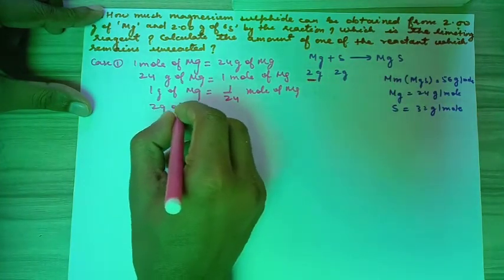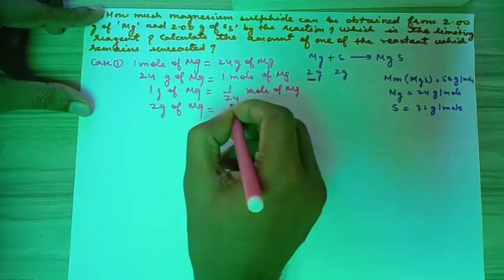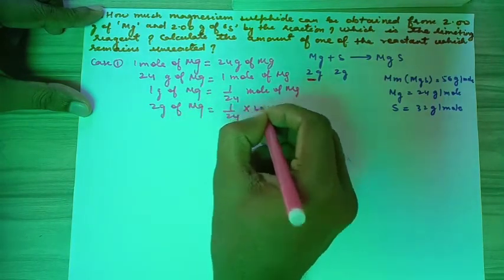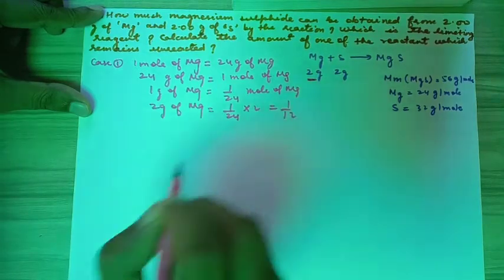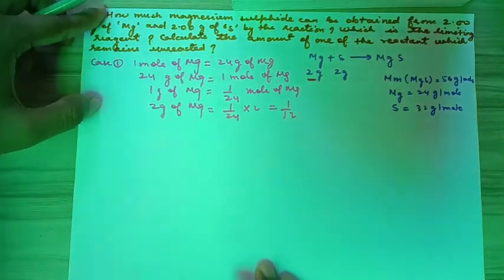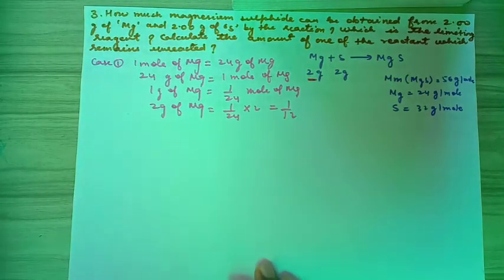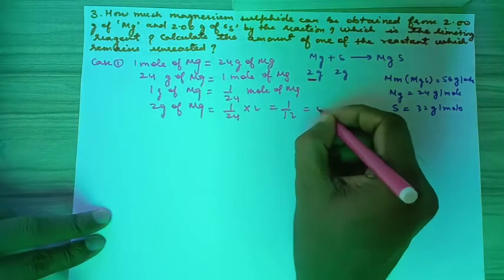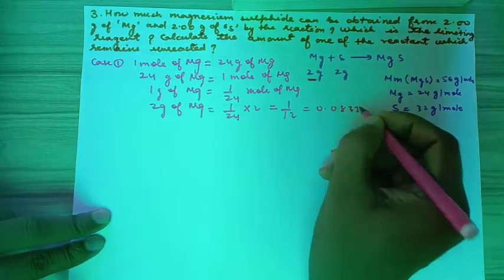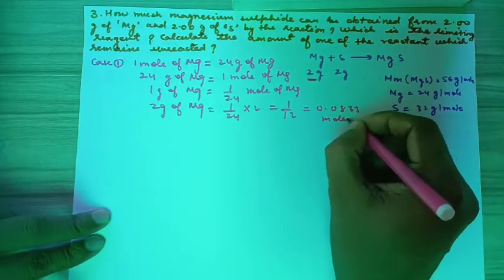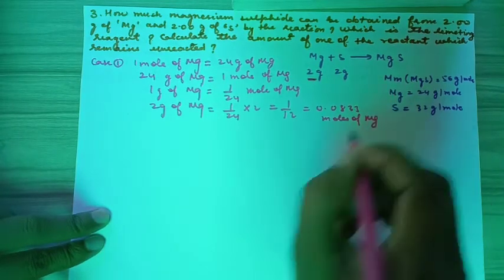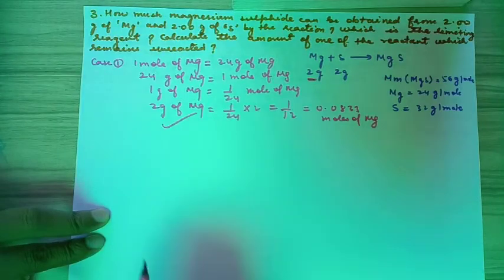So 2 gram of Mg will give us 1 by 24 into 2, that is 1 by 12, and on solving 1 by 12 we obtain the value as 0.0833 moles of Mg. So this is for Mg.